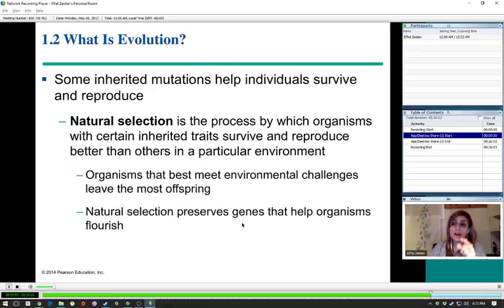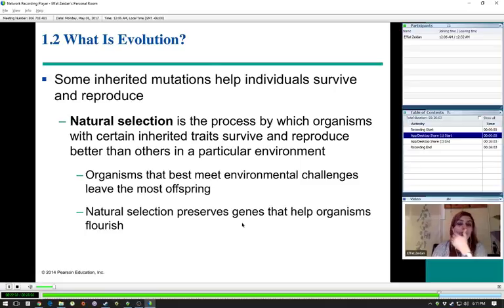But when these mutations help individuals survive and reproduce, this is what scientists who believe in the theory of evolution have stated: the natural selection process in which organisms with certain inherited traits, or inherited mutations, survive and reproduce better than other ones.